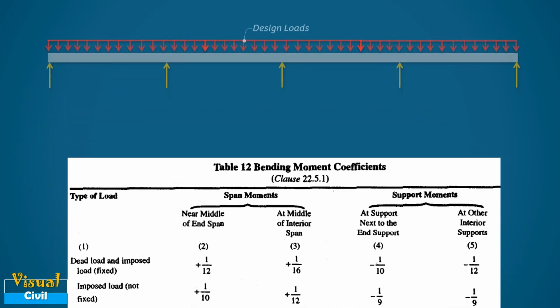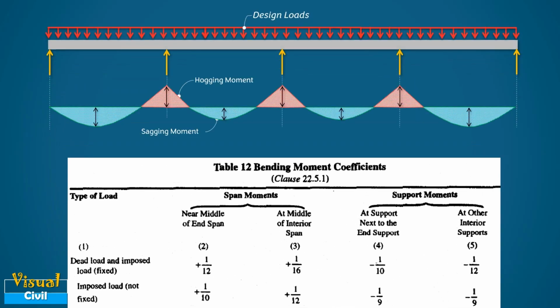Now, let us try to understand the bending moment coefficients in Table number 12. The table categorizes the coefficients in two categories, that is, span moment and support moment.